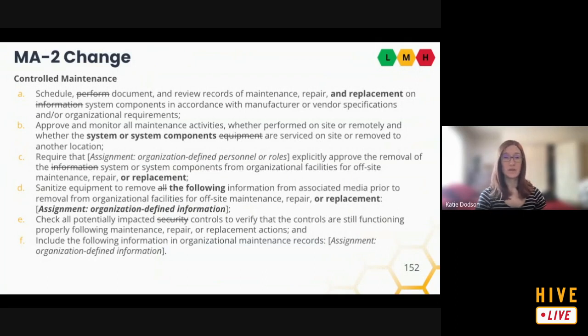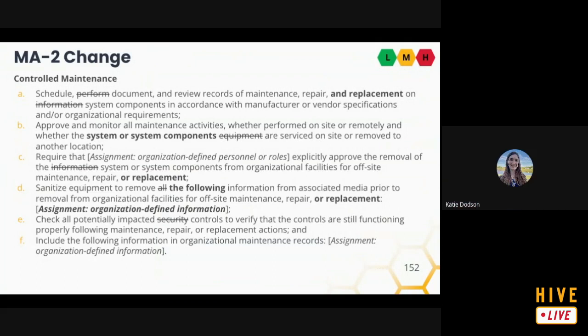Part B, you have to approve and monitor all maintenance activities, whether performed on-site or remotely, and whether the system or system components are serviced on-site or removed. So that's just changing equipment to system or system components. Again, C, just adding replacement.